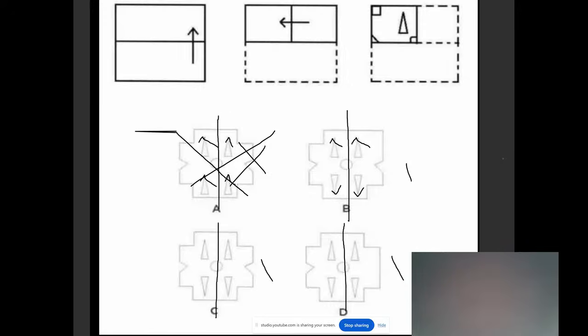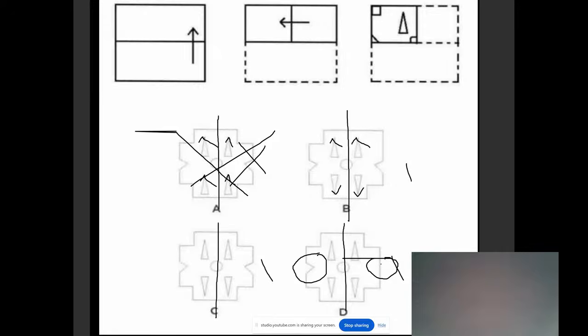Okay, next one. If you observe the question, just find the difference between B, C, and D. If you observe D, D is wrong because as I already said, the other half should resemble the remaining half. Here you can observe this change in D. But here we don't have anything like that, so this is wrong.